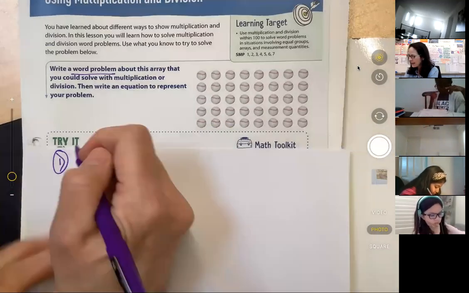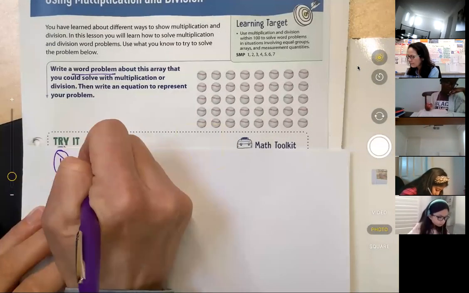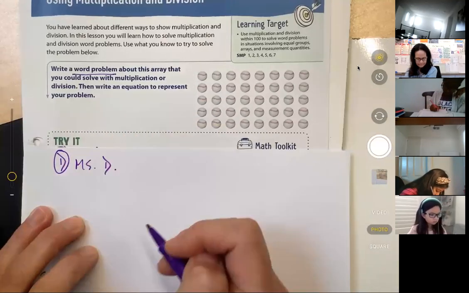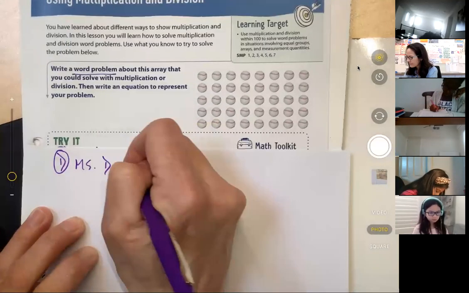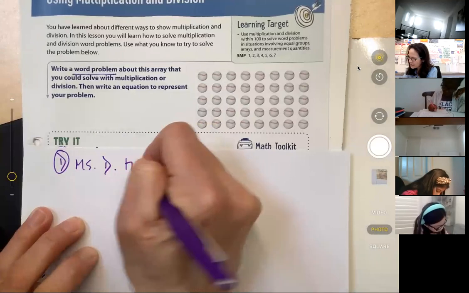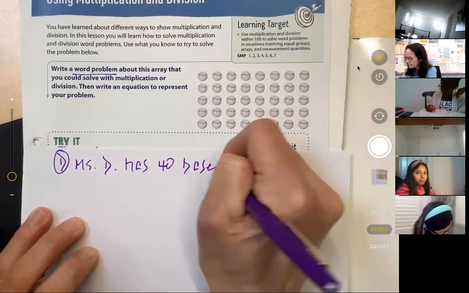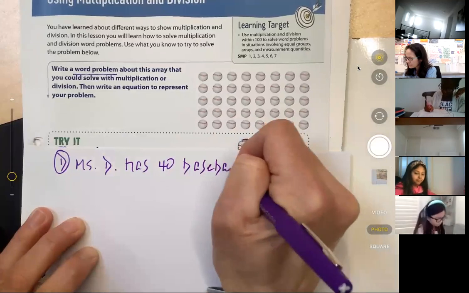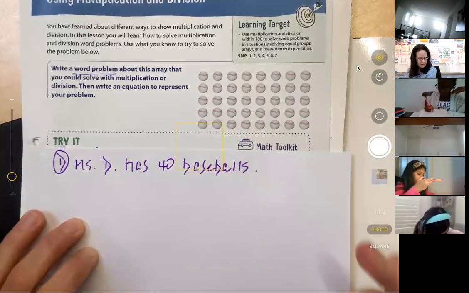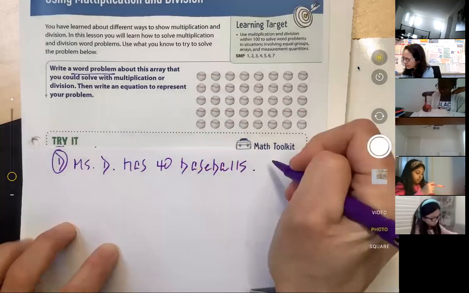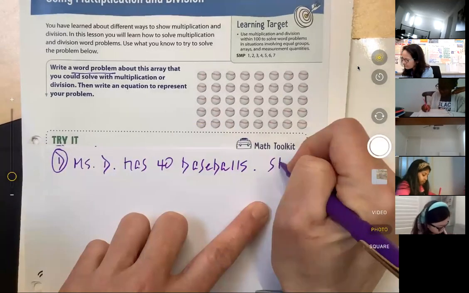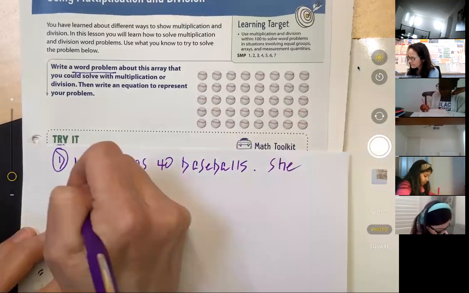All right, so now Miss D has 40 baseballs. 40 baseballs.